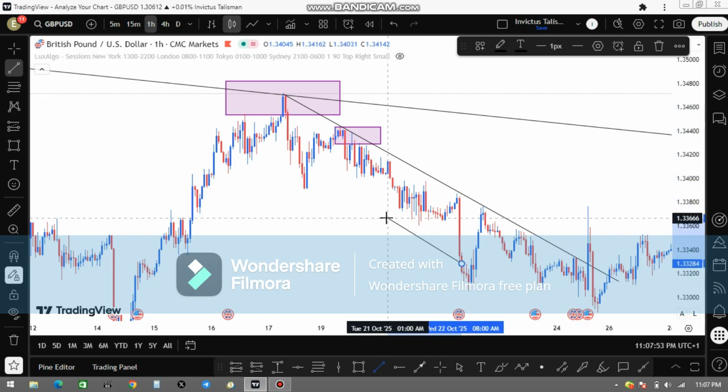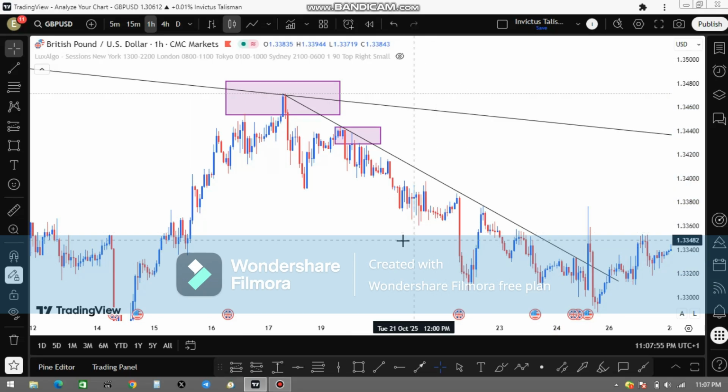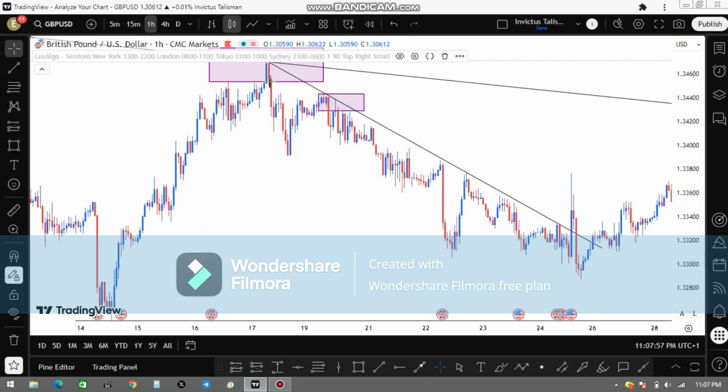You see that from here, price respected, this drop came back, this one was a close somewhere here, but the correction is here. Then this drop, corrected again. Then this drop, corrected again, drop.